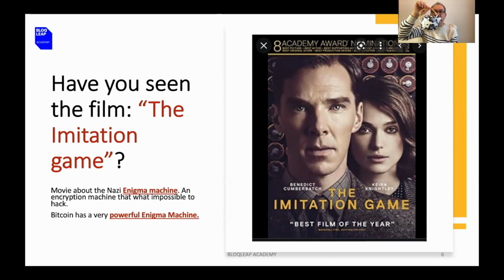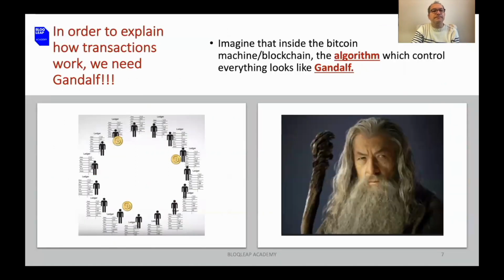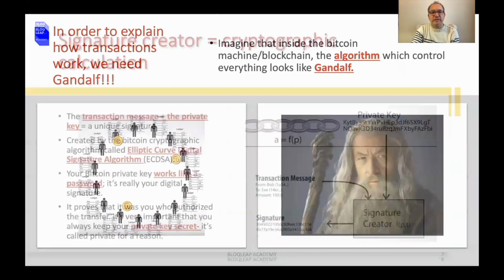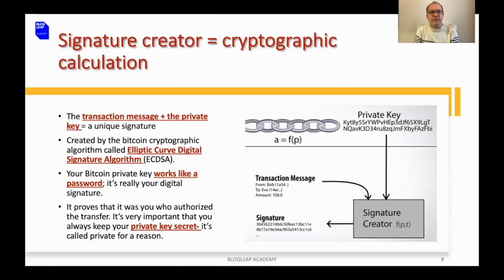I'm going to explain to you what we do with this amazing Enigma machine, which is basically an encryption machine based on cryptography, okay? Right. So remember Gandalf. Now let's go and explain how this transaction is going to be created before it is processed, okay?